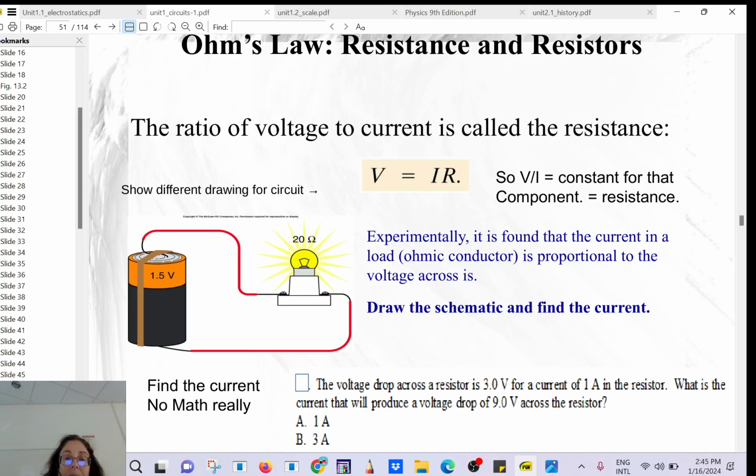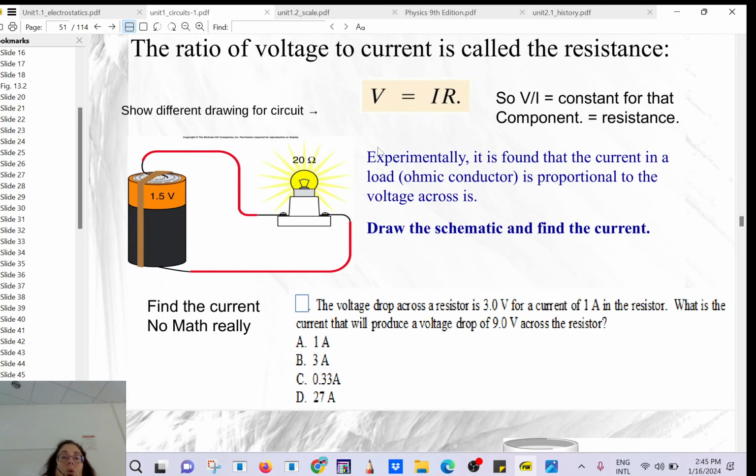So Ohm's law, the voltage drop across a load equals the current going through it times the resistance. What does it mean? It means that for a given resistance, the voltage is proportional to the current. Example, here you have a voltage drop of 3 volts, and the current through the resistor is 1 amp.